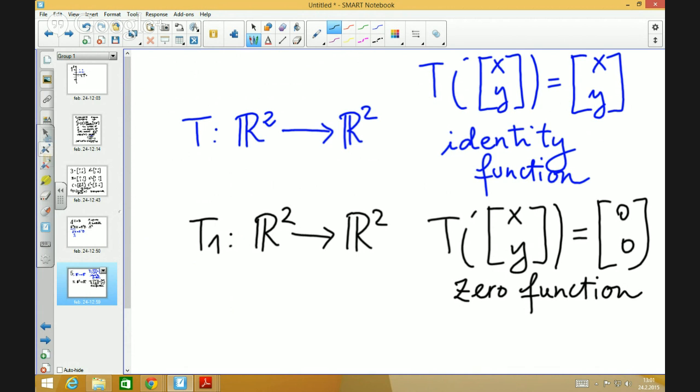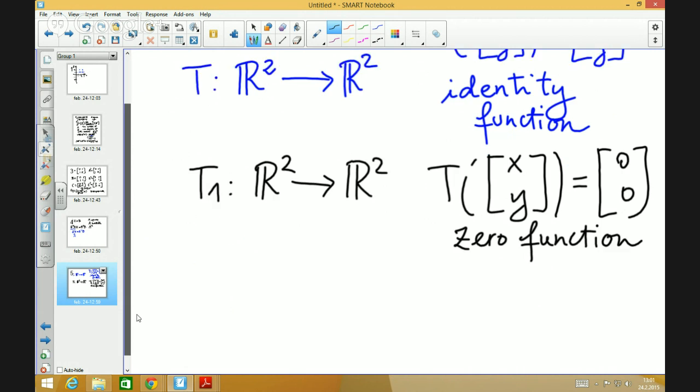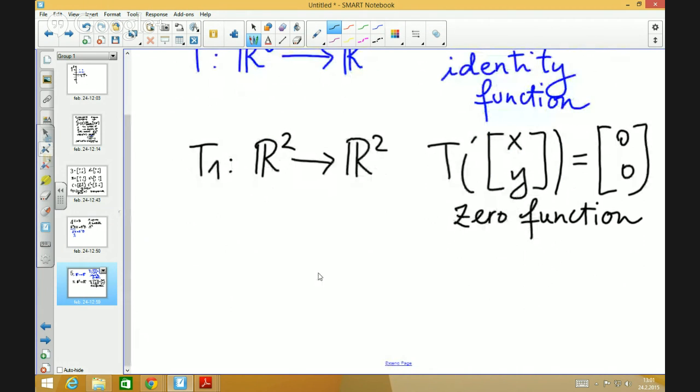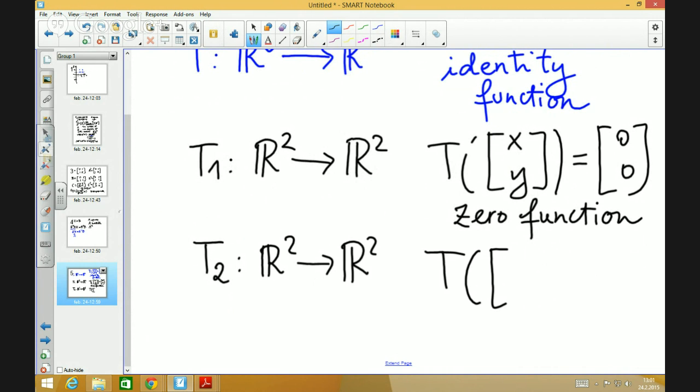Okay, one more example. Perhaps slightly less boring. Give me a vector (x, y).